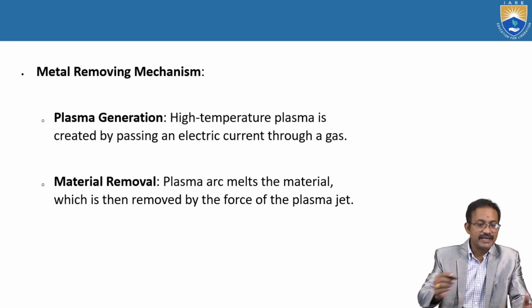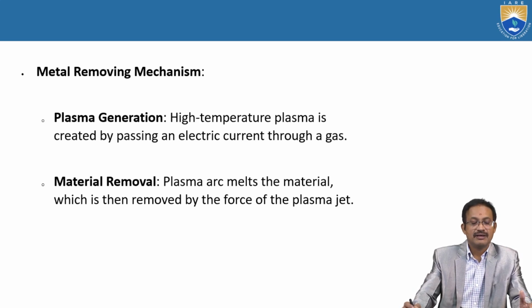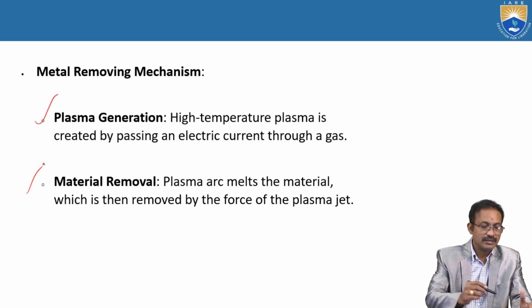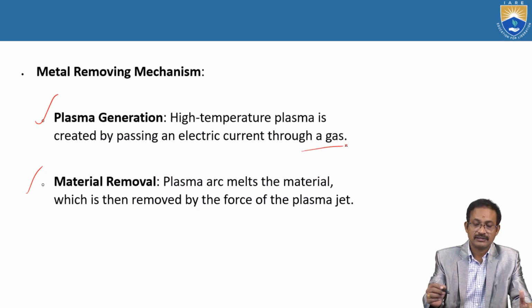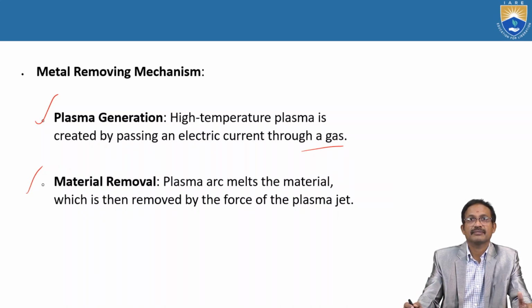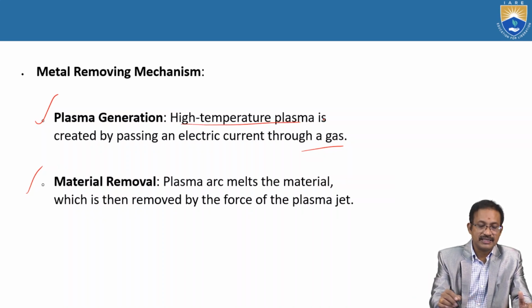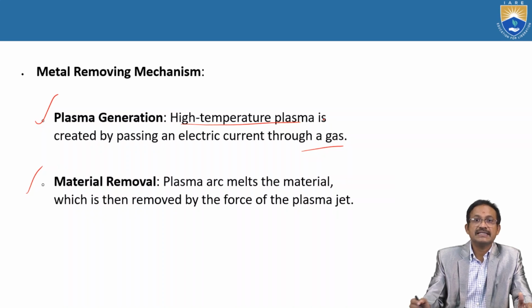Metal removing mechanism: plasma generation and material removal. Plasma generation: high temperature plasma is created by passing an electric current through a gas.